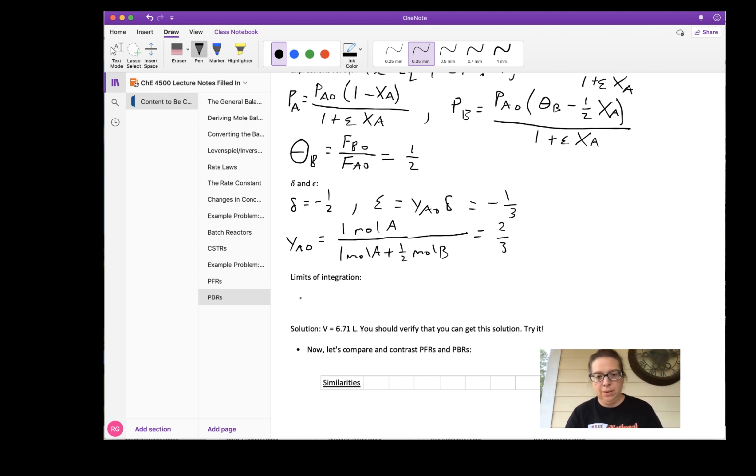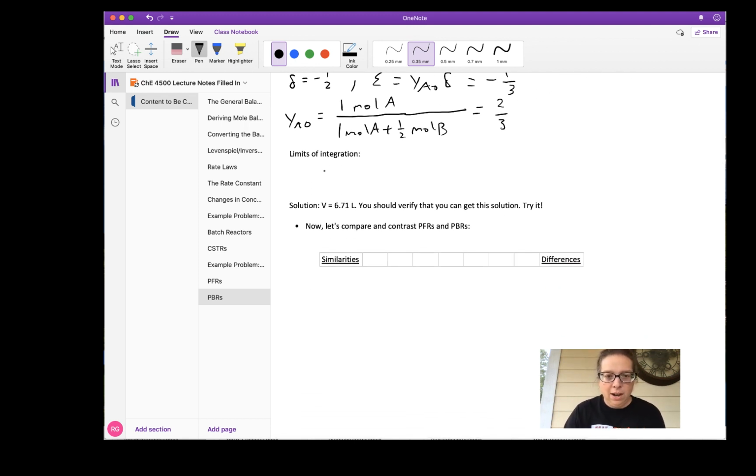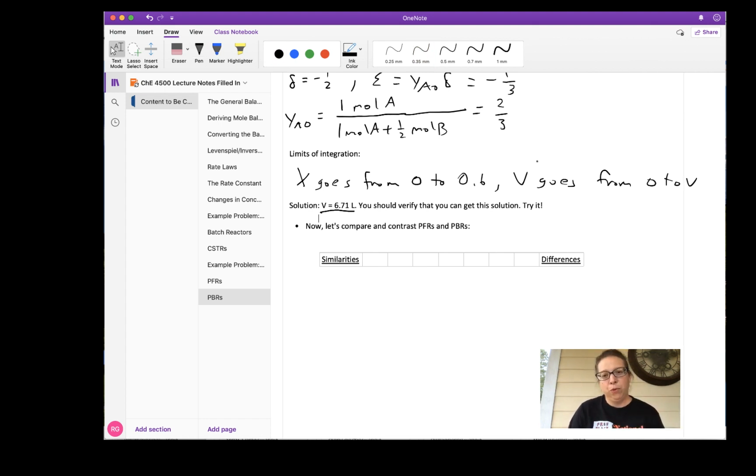My limits of integration: x is going to go from 0 to 0.6, and v goes from 0 to v. If I do all of this, I can solve and get a solution for v. You should go through the procedure of performing this solution and see if you can get the same thing.